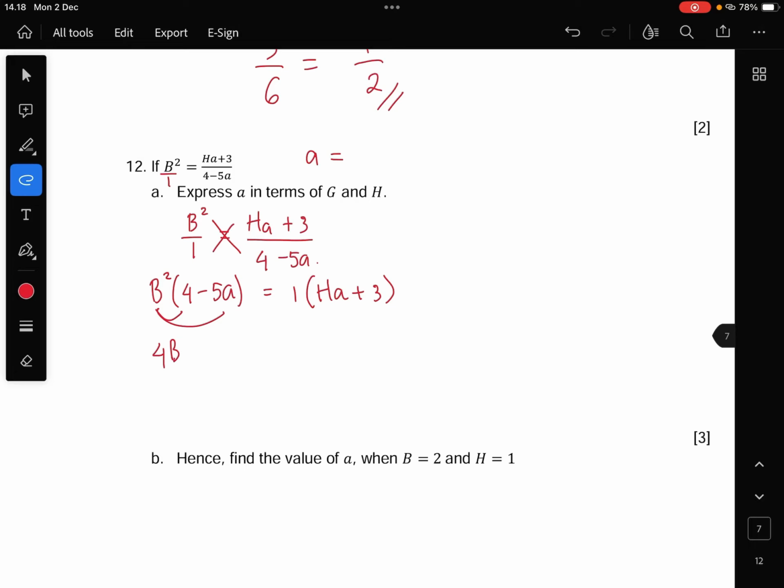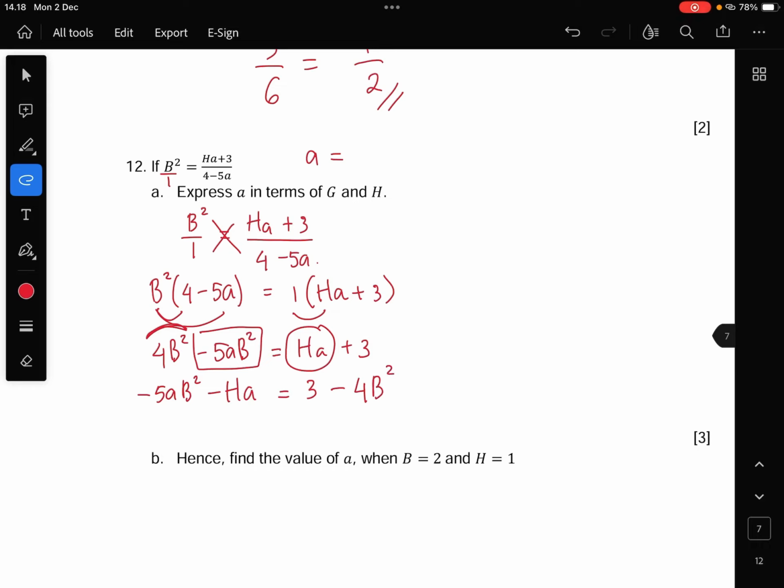So 4b squared minus 5ab squared equals 8a plus 3. We need to leave the a alone on the left side. So negative 5ab squared stays on the left side, but you have to move this to the right side. This one is moving to the left side, so you have negative 8a equals 3 minus 4b squared.